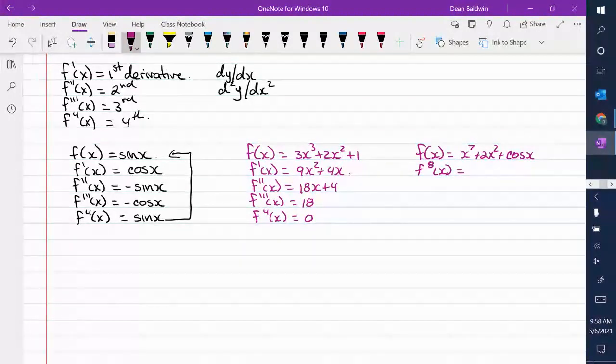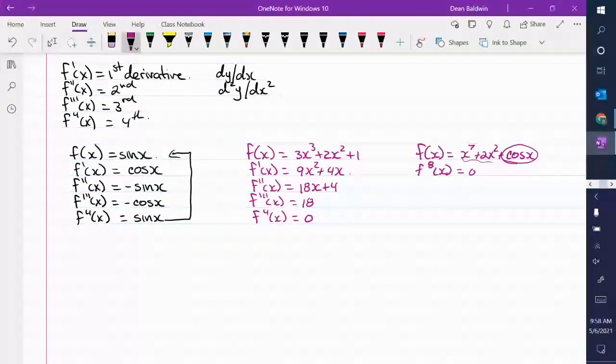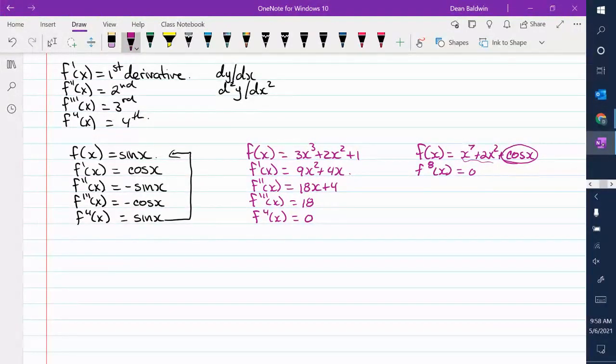So the polynomial part is all going to go to 0, right? So that's going to go to 0. What do the trig functions do? After every fourth, it repeats, right? So if you actually went through and did it, after the fourth derivative, you're going to come back to cosine. After 4 more, you're going to get cosine again. So the answer would just be cos of x, or 0 plus cos of x.